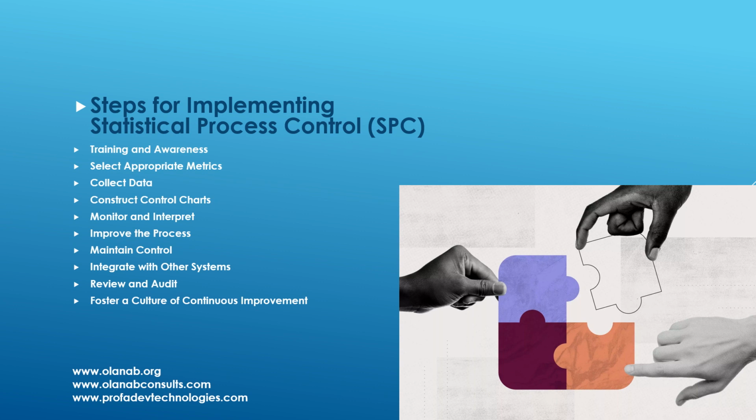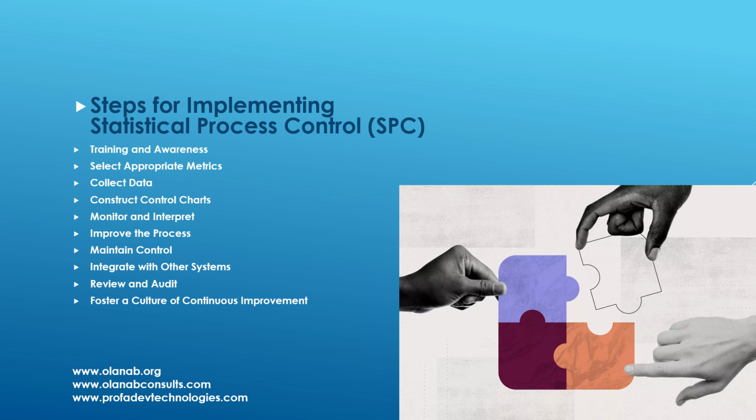Steps for implementing statistical process control (SPC). By focusing on statistical measures and process capability, organizations can consistently produce products and services that meet customer specifications and expectations.